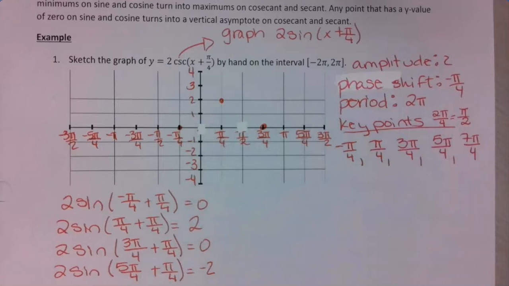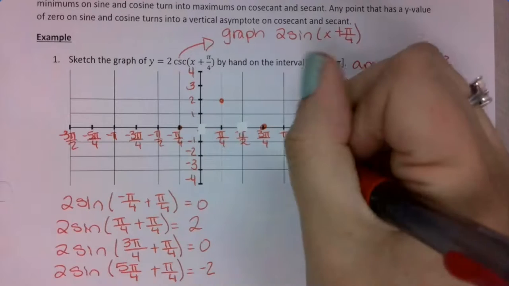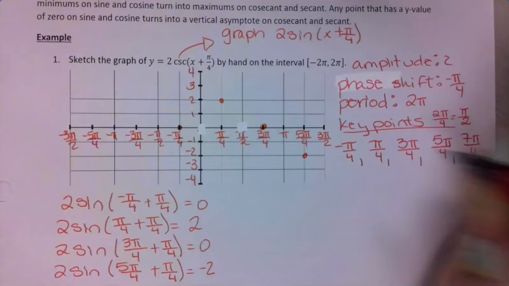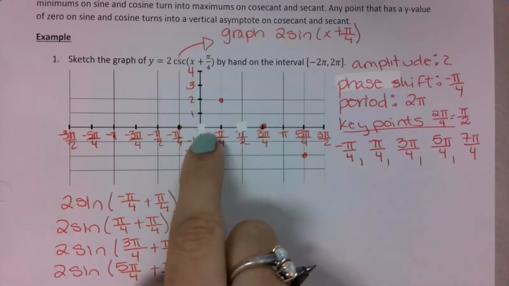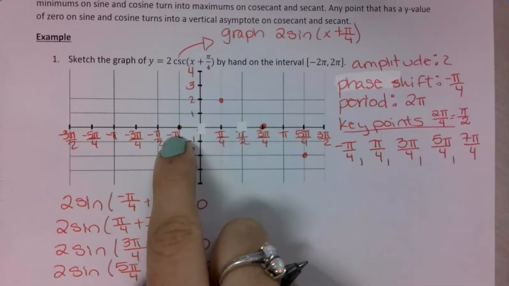Because I keep plotting points that I don't mean to when I'm writing in pen. Because I didn't plug in pi halves, I plugged in 3 pi fourths. I didn't plug in 0, I plugged in negative pi fourths.